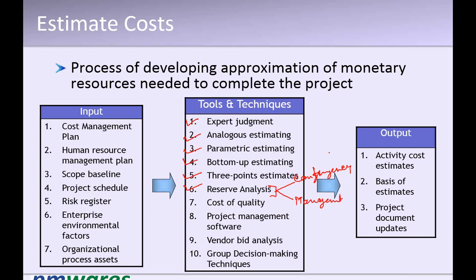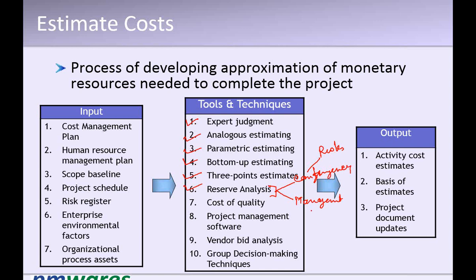What is contingency reserve? Contingency reserve is for the risks we have identified. If the mitigation plan or our response plan doesn't work, then we have to compensate the loss caused by the risk. That is our contingency reserve.